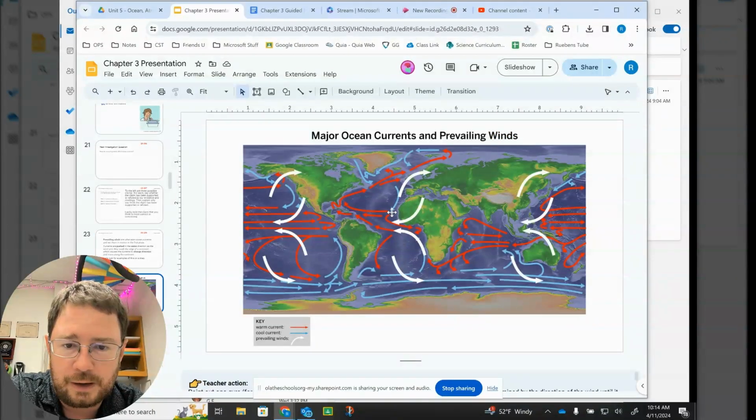So here we have a prevailing wind pushing. It hits these islands and North America and causes it to curve up. Over here we have prevailing winds pushing. It hits Africa, causes it to curve back. Over here we have prevailing winds hit Antarctica, South America, causes it to curve down. Down here we have a cold current that's coming along, hits Africa, causes it to curve up.